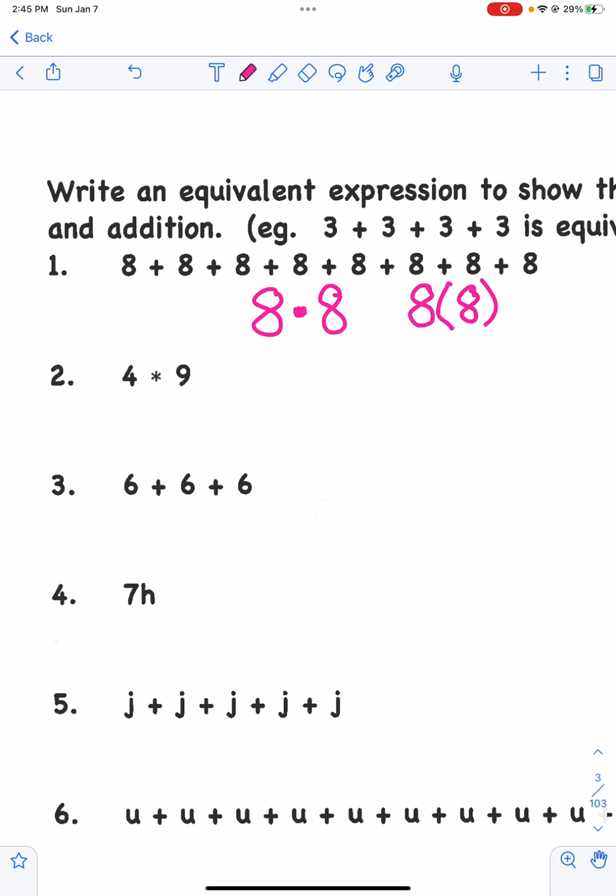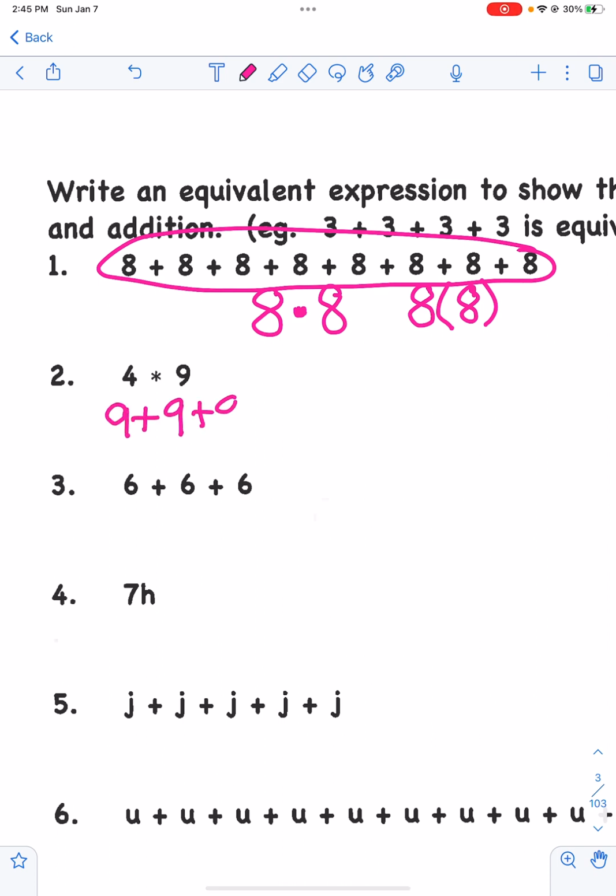For problem 2, they want you to do the opposite. You're going to write out that long string now. Go ahead and do the opposite for problem 2. The star in the middle just means times. So basically, you're going to write something like this. Pause the video. All right. So I'm going to choose to do 9 plus 9 plus 9 plus 9.